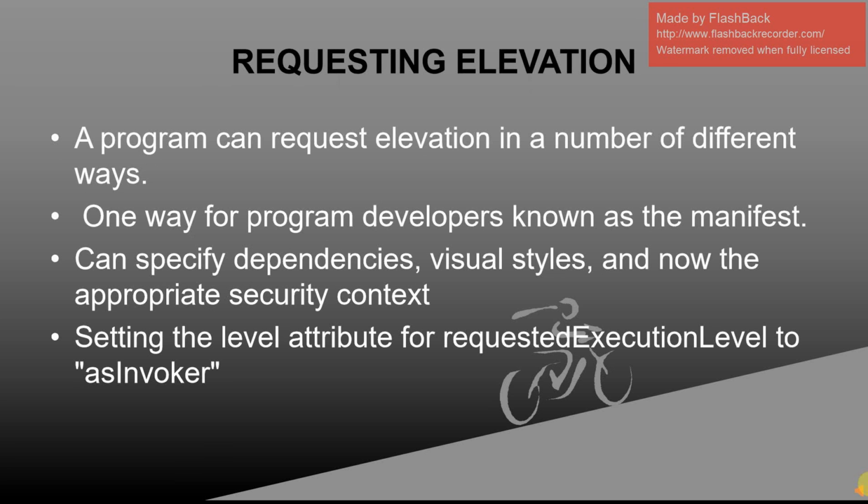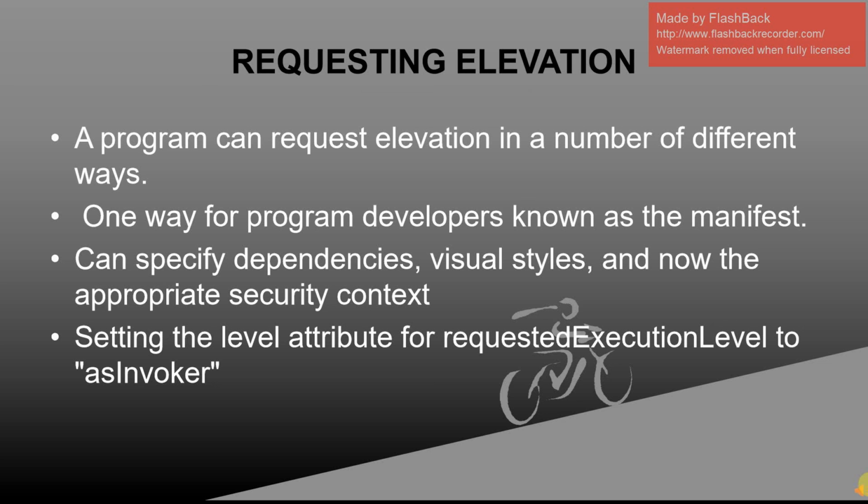Alright, now it's time for requesting elevation. A program can request elevation in a number of different ways. One way for program developers is to add a requested privilege section to an XML document known as the manifest that is then embedded into the application. A manifest can specify dependencies, visual styles, and now the appropriate security context.